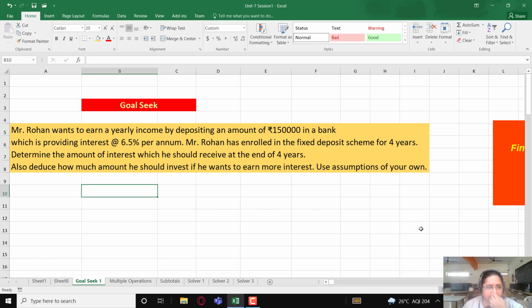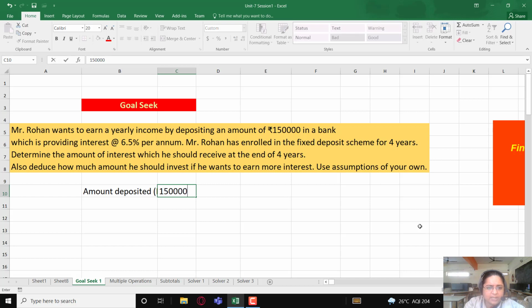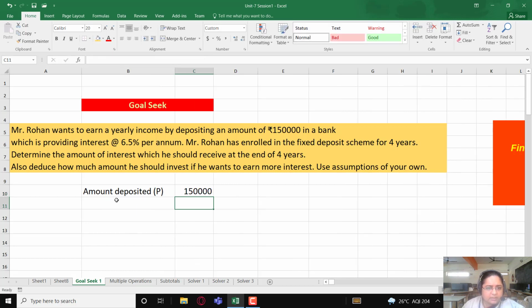So over here we start with Mr. Rohan's amount deposited. So amount deposited, that is which should be considered as principal. So the principal which he deposited was 1,50,000. Then over here rate of interest per annum, that is yearly rate of interest is 6.5%.